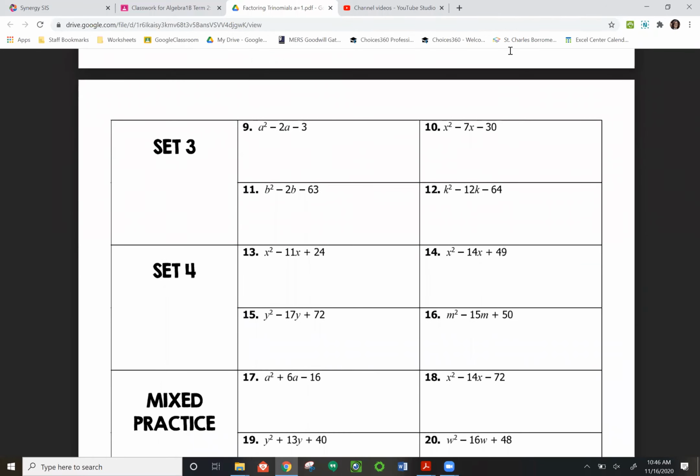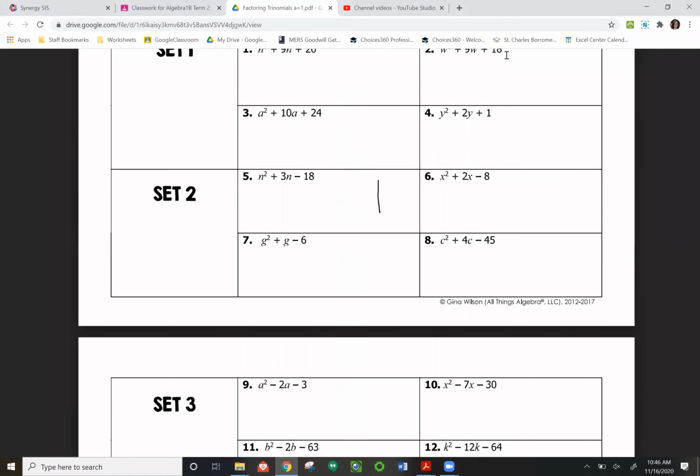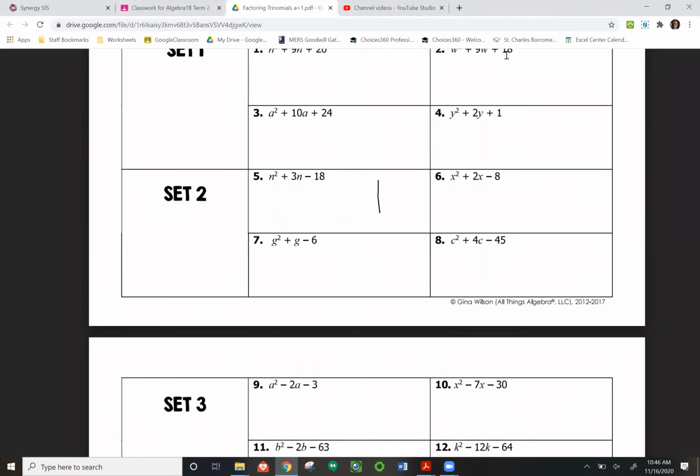All right, so here, what is the theme with this set? They're both minus signs. I guess we kind of did skip what happened here. What happened with these when we had a plus and a minus? Okay, when we had a plus and a minus, one of our numbers was positive, one of them was negative.